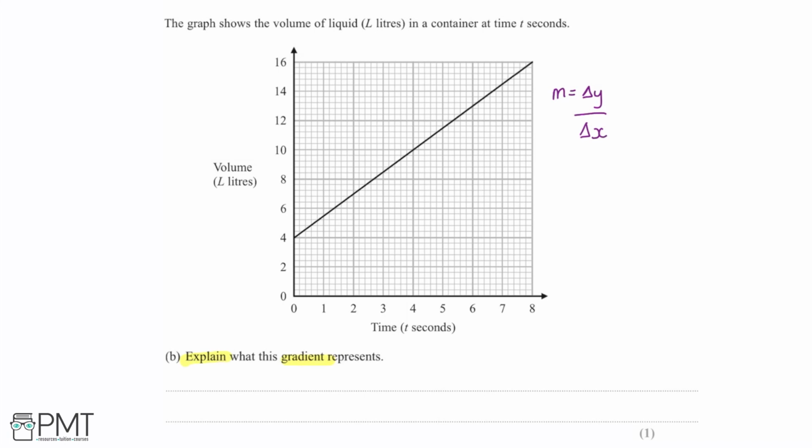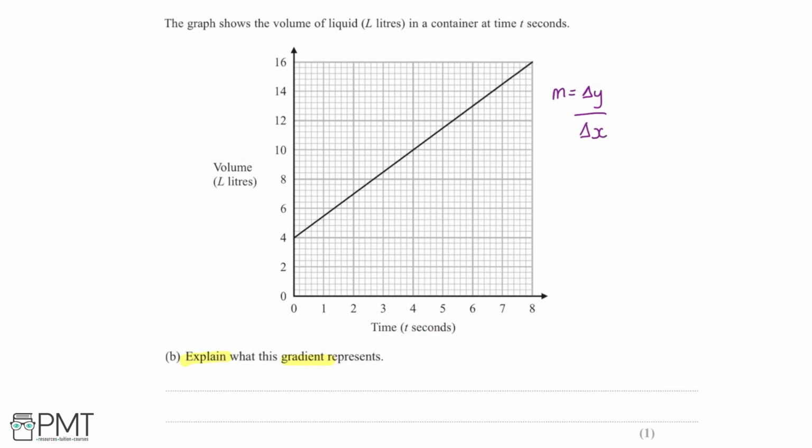So the change in y is the change in volume of liquid in the container. Or if we want to look a little bit more closely, it's the change in the number of litres. And that's going to be divided by the change in x, so divided by the change in time or the change in the number of seconds.